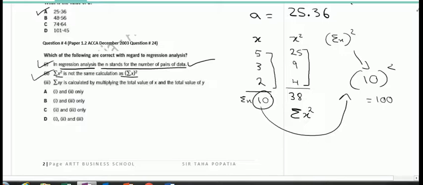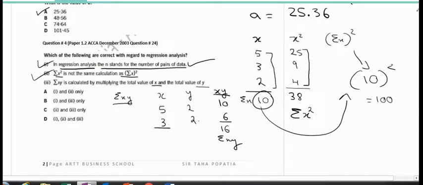The third one is summation of xy is calculated by multiplying the total value of x and the total value of y. This is wrong, because summation of xy actually means that if you have x and y values, for example 5, 2, 3, 2, summation of x into y means first you multiply each pair: 5 into 2 is 10 and 3 into 2 is 6, and then add them up. This is summation of xy. It is not the same as multiplying the totals of both values.